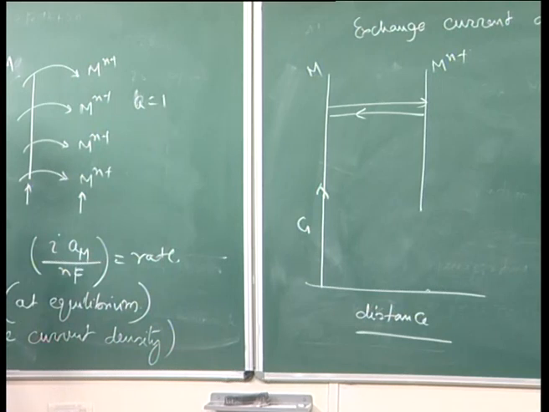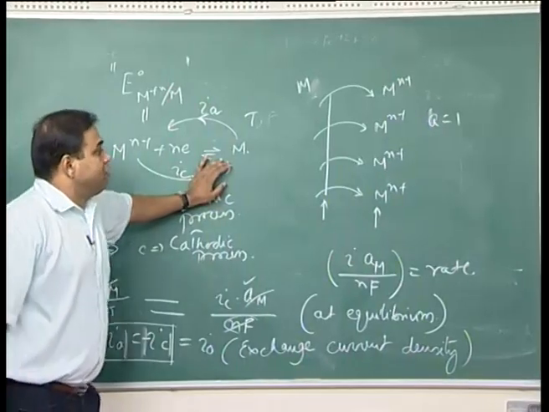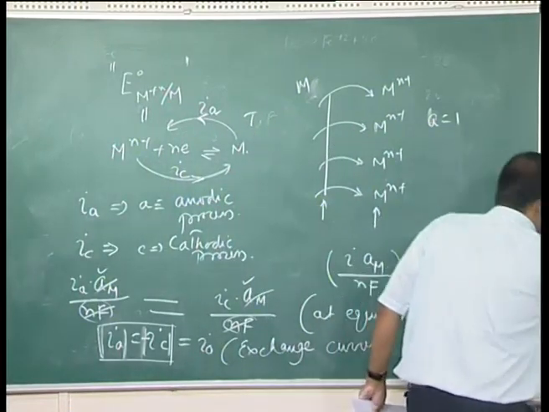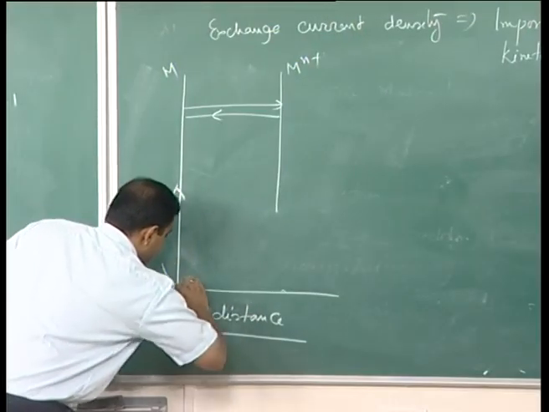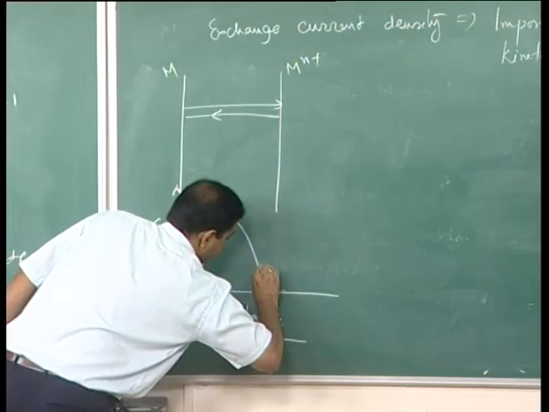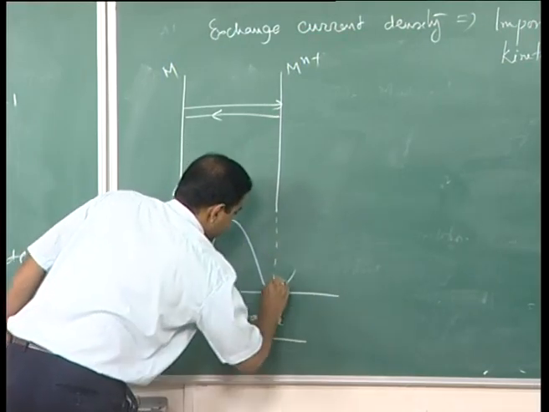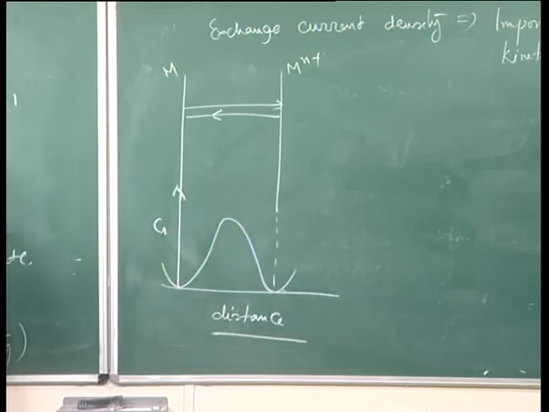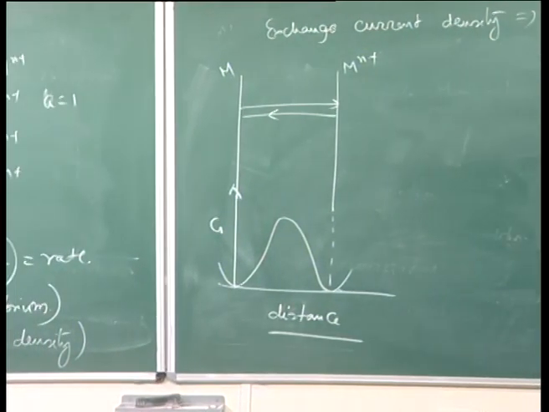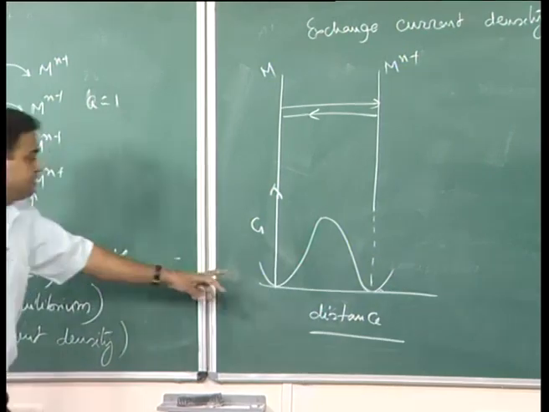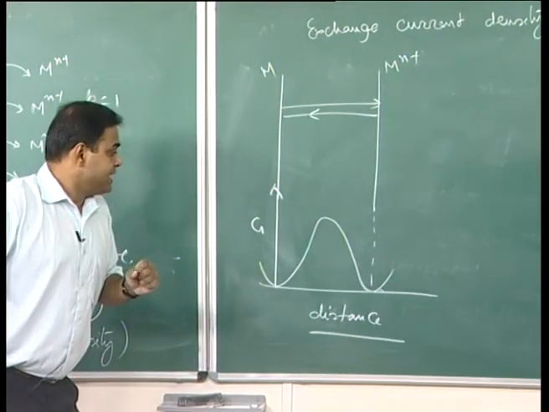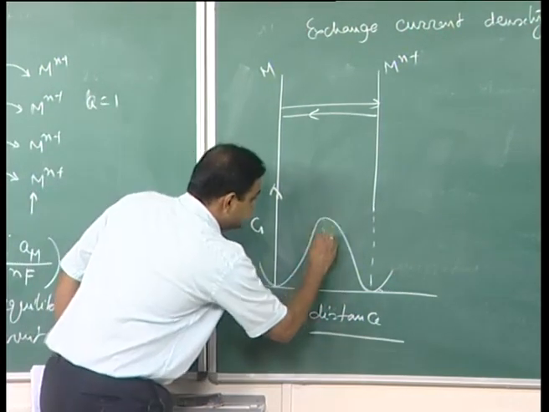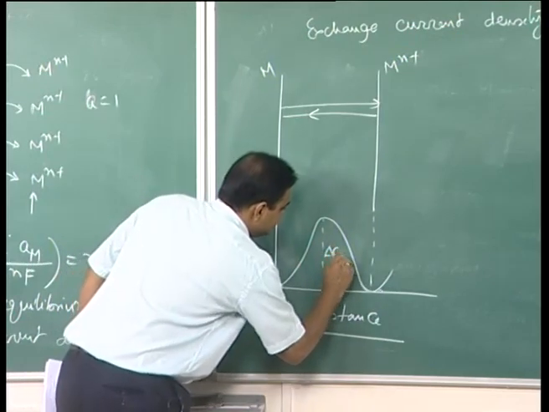When it is at equilibrium, these two sections are at low energy level and remain in the energy well, and there is an energy barrier which is del G star.